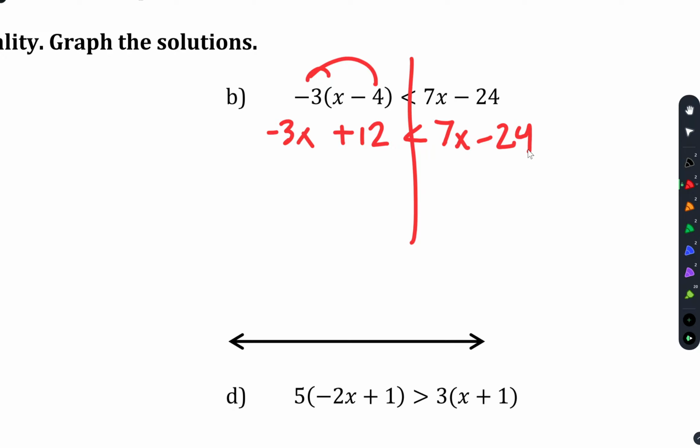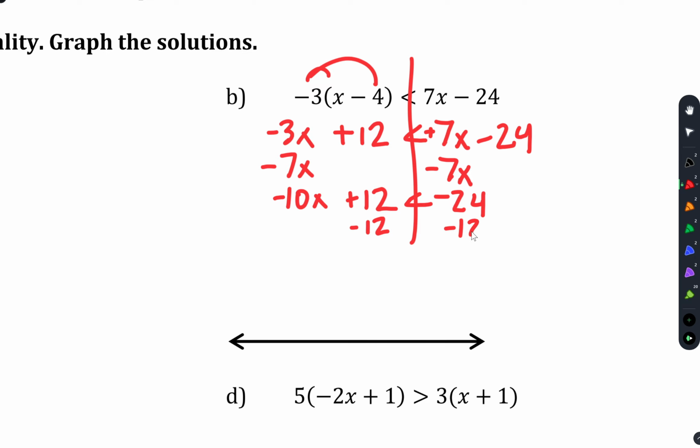I am doing this on purpose, moving things to the left. To move that 7x, I am doing addition or subtraction. Am I going to subtract 7x or add 7x? We're going to subtract it. It's like a positive 7x here. So I undo it using minus 7x on both sides, to get negative 24 is left on the right side.